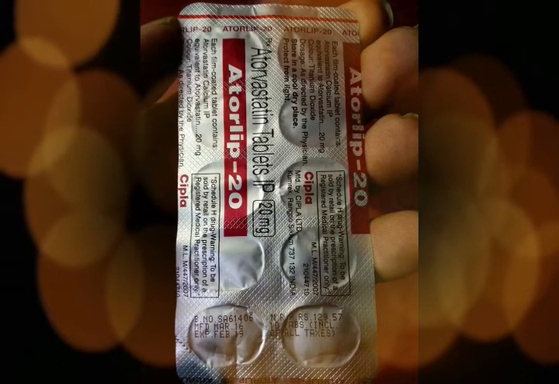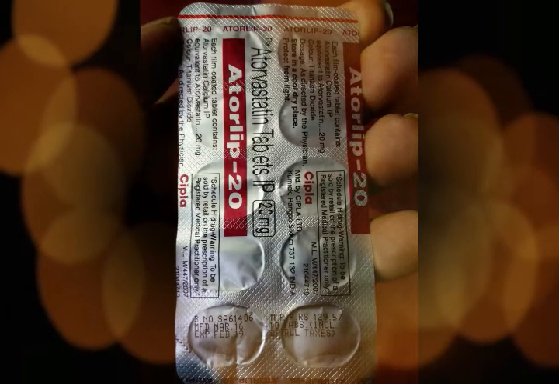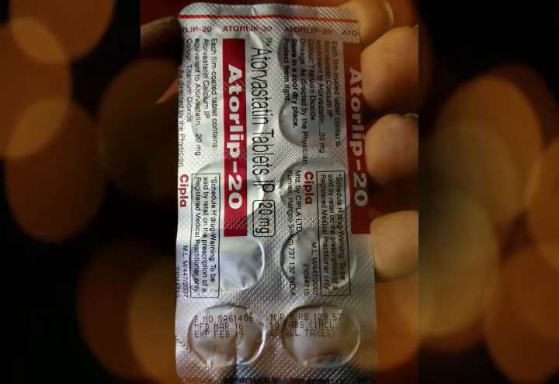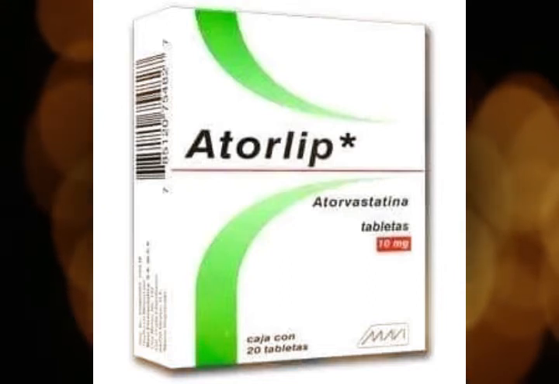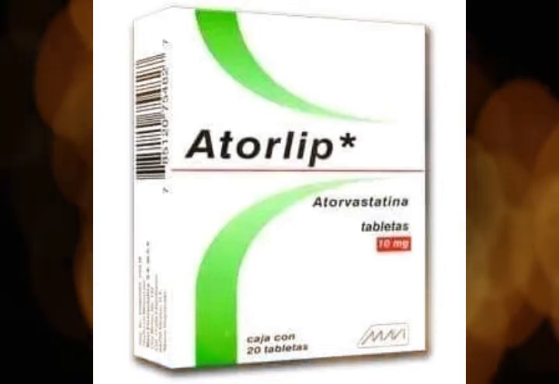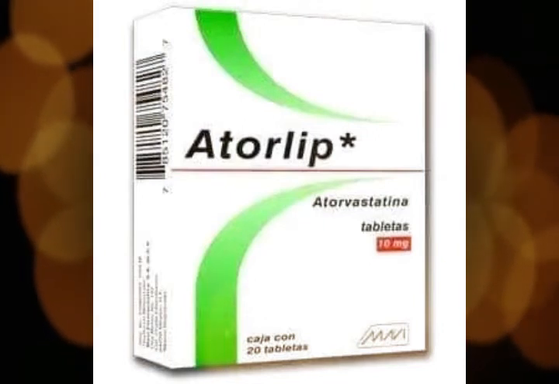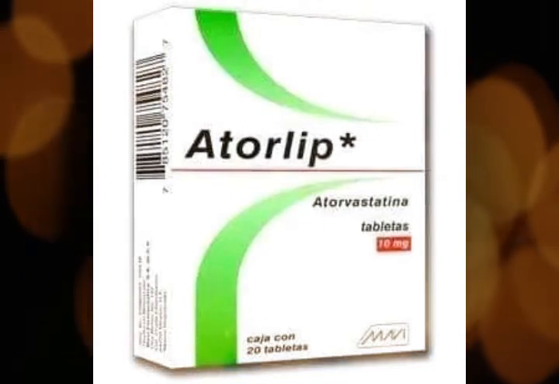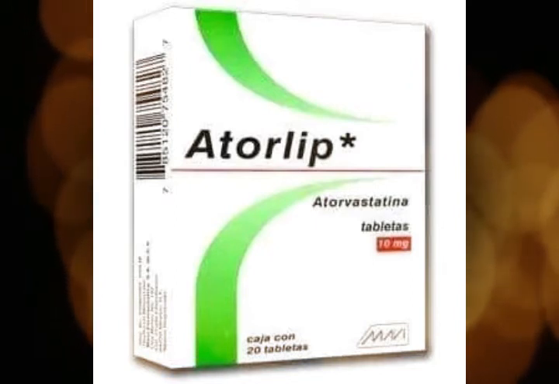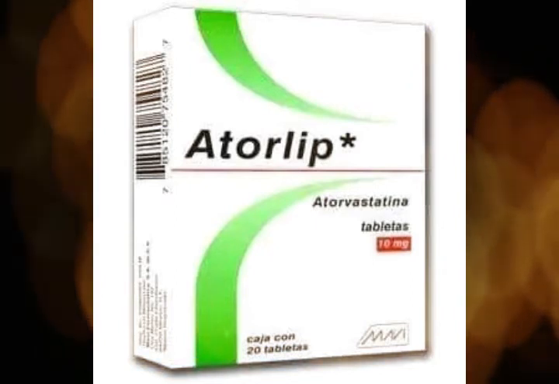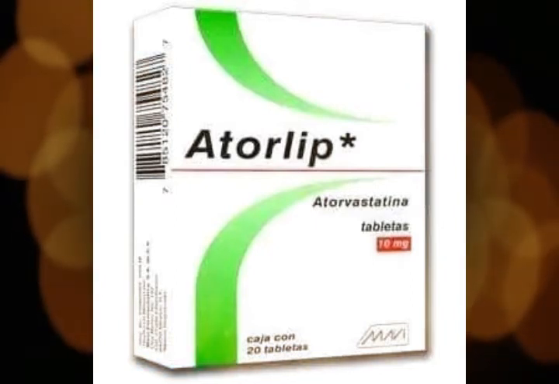Special population, elderly. Plasma concentrations of atorvastatin and its active metabolites are higher in healthy elderly subjects than in young adults, while the lipid effects are comparable to those seen in younger patient populations.